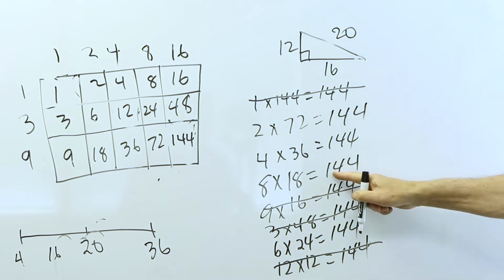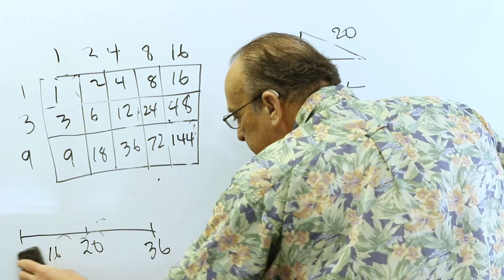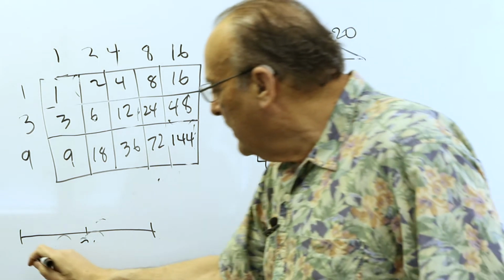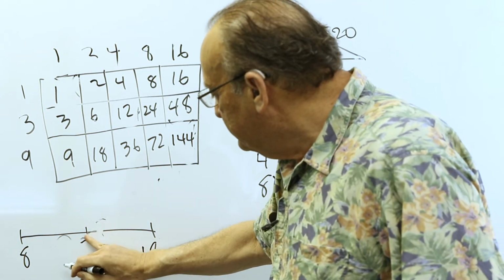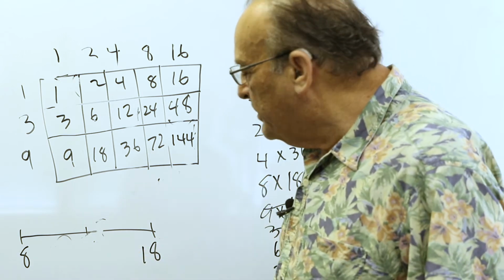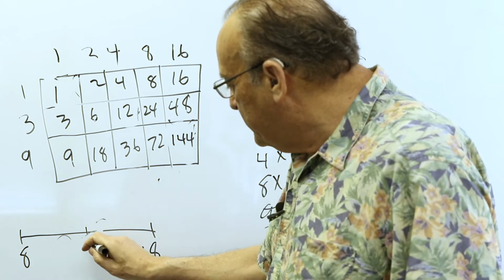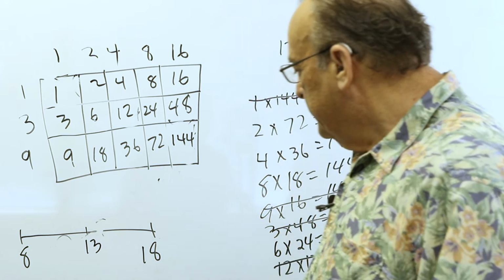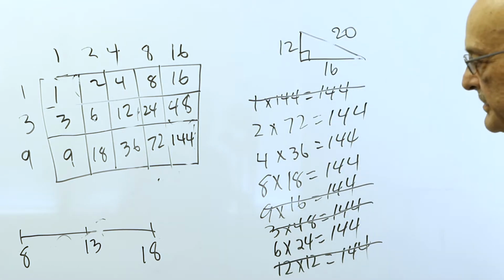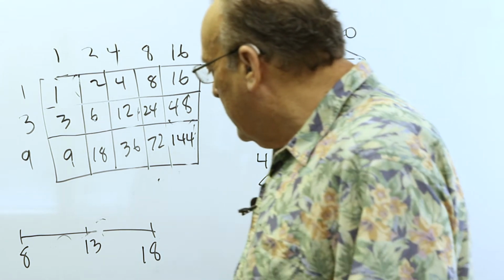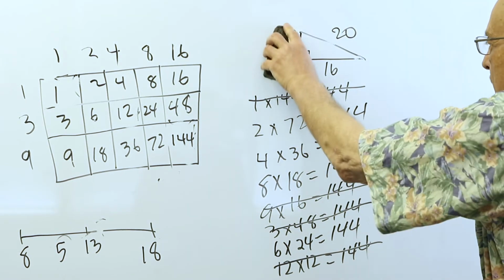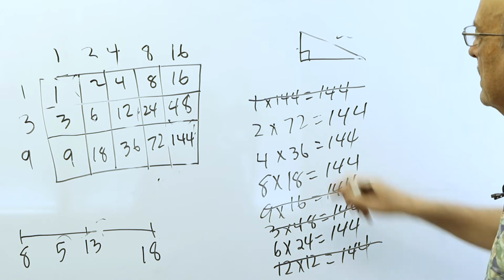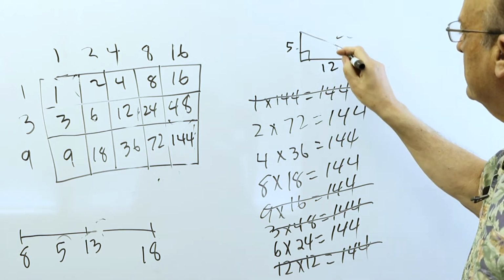So what about 8 and 18? If we have 8 and 18, the sum is 26. Half of that is 13. And 13 minus 8 is 5. So we end up with 5, 12, and 13.